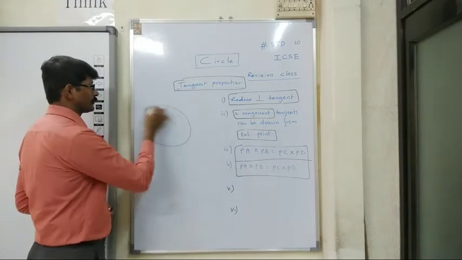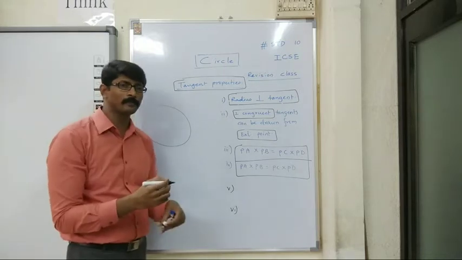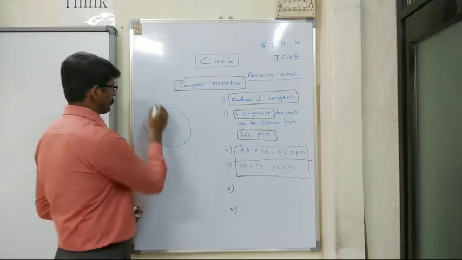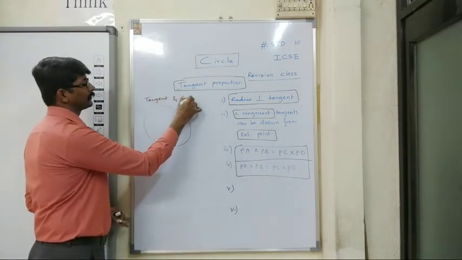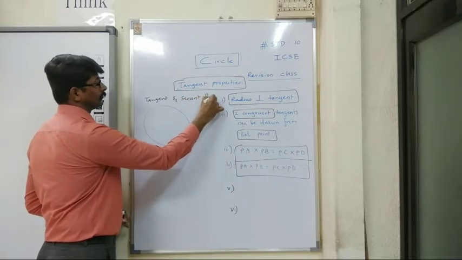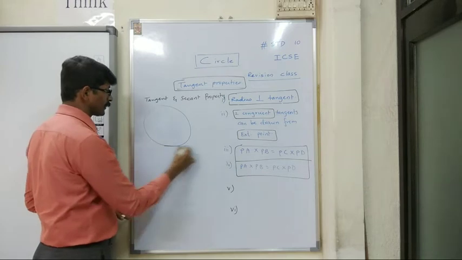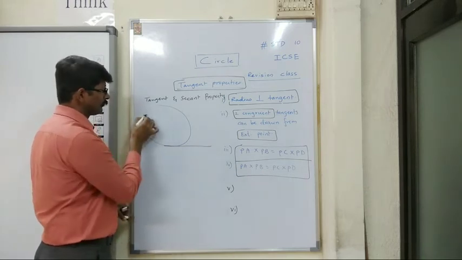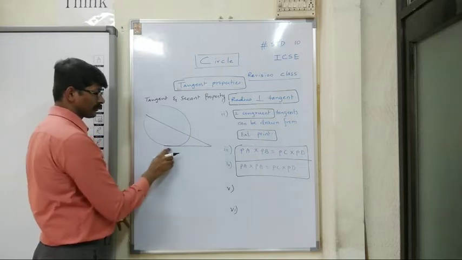See, this is called the tangent secant property. What is the tangent and secant property? There would be one tangent and there would be one secant. So this is the tangent because it is touching the circle in exactly one point.